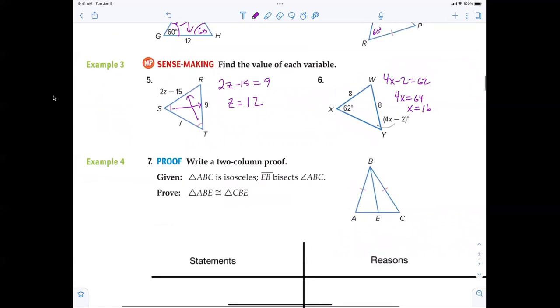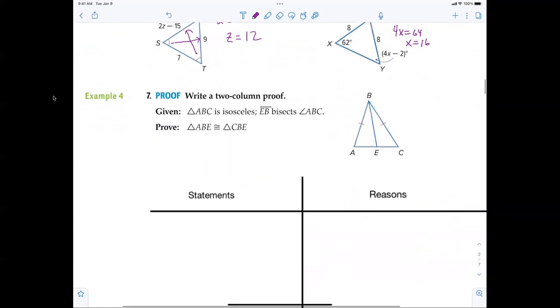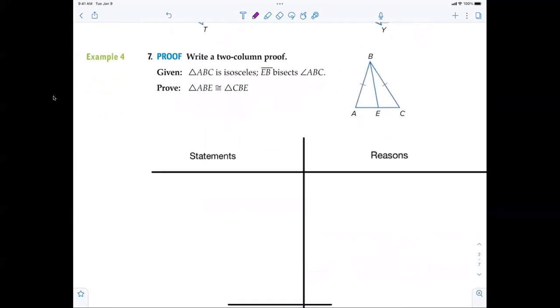Now we get to the proofs. Here we go. Let's see if we can do this now. ABC is isosceles, and because it's isosceles, they're going to have to tell you what two sides are congruent. So they told you that AB was congruent to BC. Does everybody agree with that? Now, EB bisects what?